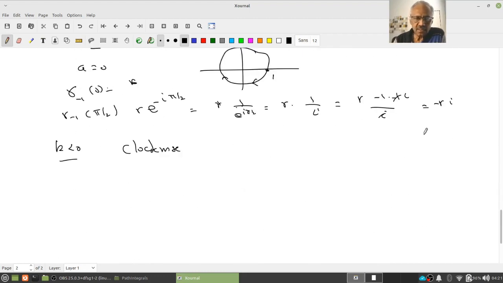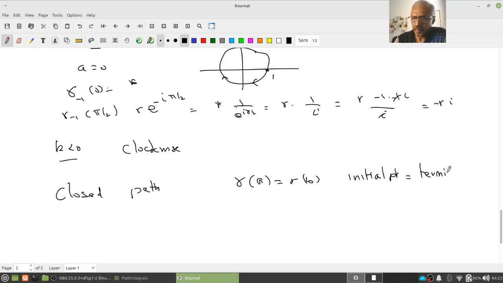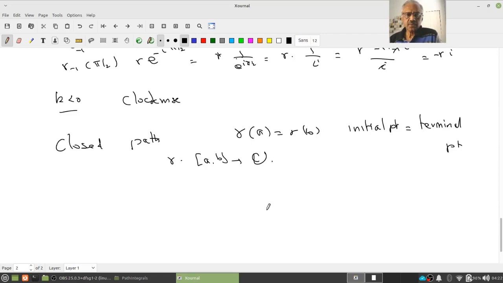And this is a so-called closed path, a circle is a closed path. When do I say a path is closed? If the endpoints are the same, that is, the initial point equals the terminal point, if gamma is from a to b. So this is a closed path.